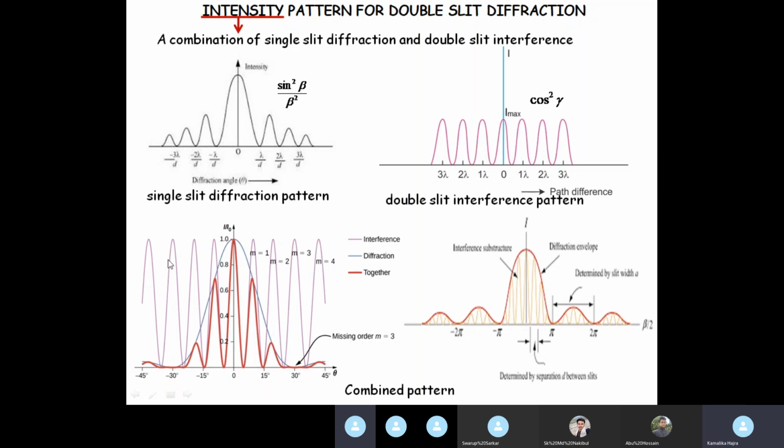Combination: cos square gamma, which changes very rapidly, is modulated by the slowly changing sine square beta by beta square, and the resultant is this modulated interference curve. What is the modulation because of? Because of the presence of the diffraction envelope. Okay, so I presume that these four pictures will explain clearly the intensity distribution pattern for double slit diffraction. Okay, any questions?